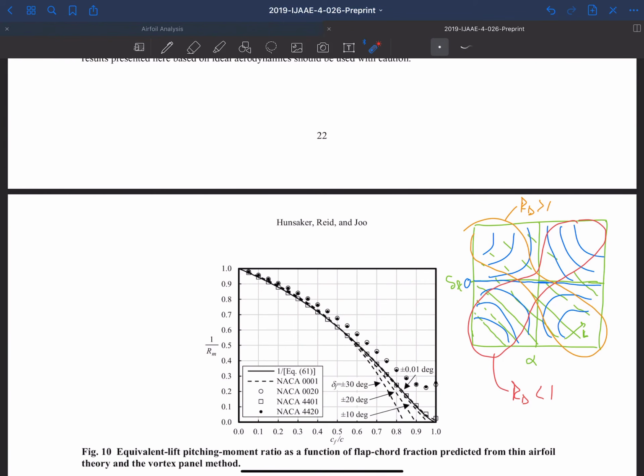But for most applications, it's most likely going to also have a decrease in parasitic drag. So there you go. This is a study of parabolic flaps, and of course you could assume a different geometry. We just assumed a parabolic flap, but you could repeat this study assuming a perfect circle.